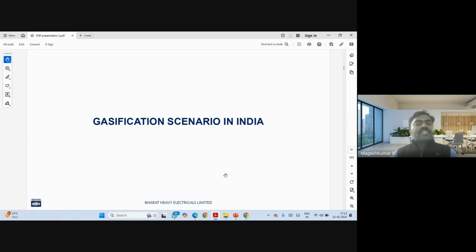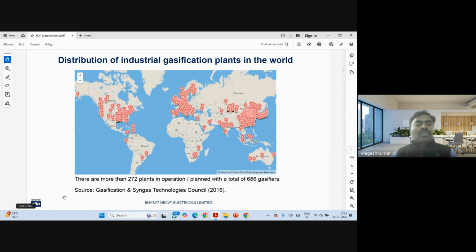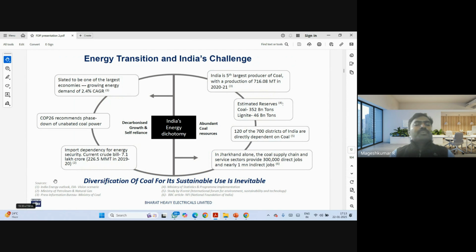So, the gasification scenario in India. Are we talking about some technology which is not there in the entire world? Definitely not. There are around 272 plants in operation or planned, with a total of 686 gasifiers around the world. So what is so significant with respect to India's energy dichotomy?